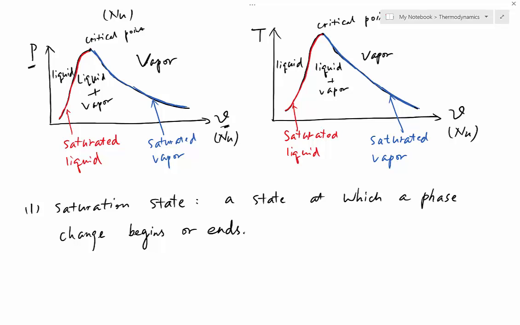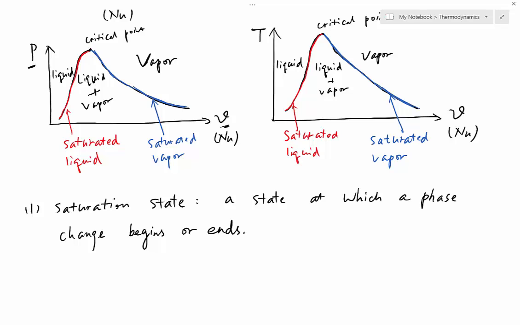Okay, and now you continue heating up the water. So you're going to have less and less liquid, more and more vapor. And then at a certain point, all the liquid will disappear and you have only vapor left.